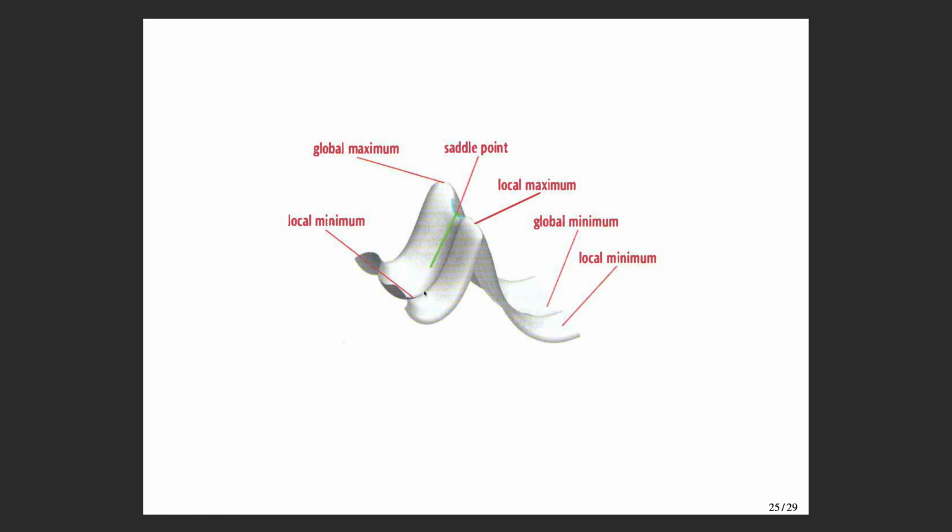It's probably going to just converge down to this local minimum. Starting from any geometry over on this side, Gaussian is going to have trouble finding the global minimum because it won't want to go over that energy barrier. The point I'm trying to make is that Gaussian finds the nearest local minimum.